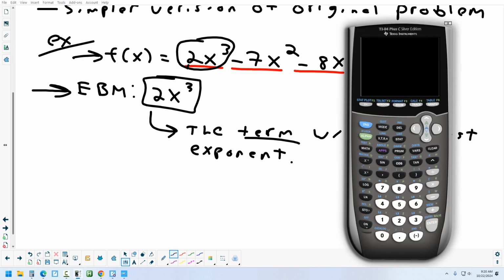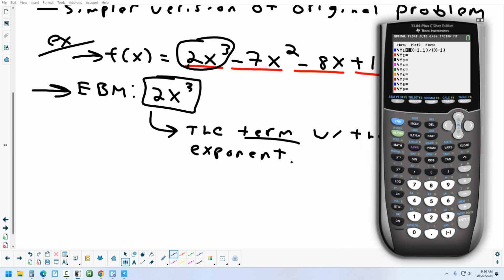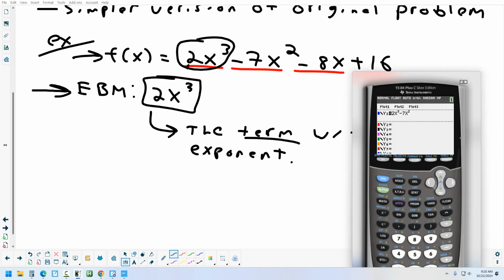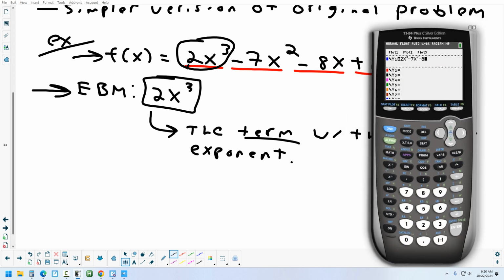Let's put in 2x to the third minus 7x squared minus 8x plus 16. And then on y2, we're going to put in 2x cubed. Now I'm going to set a window that's not zoomed out first, and let's see what happens.